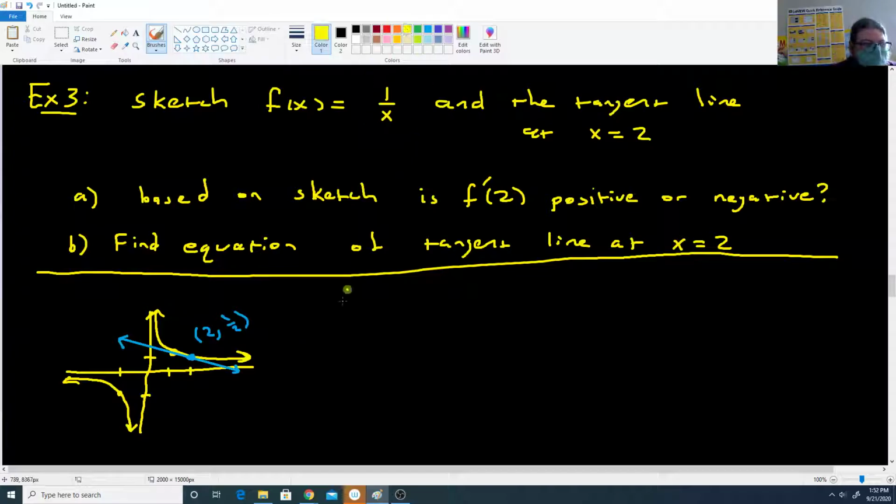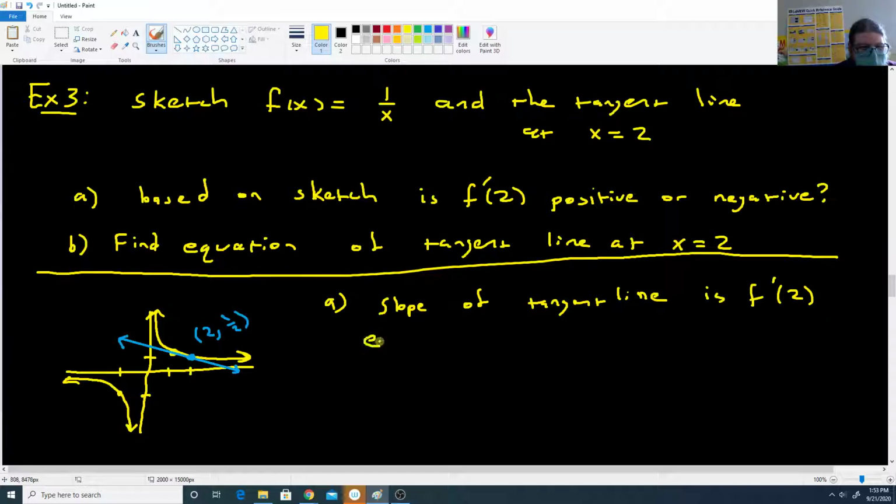All right, so let's answer what's going on here. Part A. Well, I sketched this line. The slope of the tangent line is f prime of 2. This blue line has a negative slope because it's higher to the left and lower to the right.